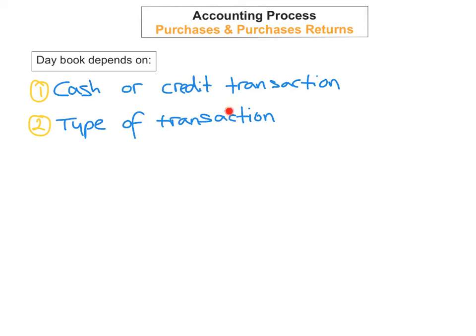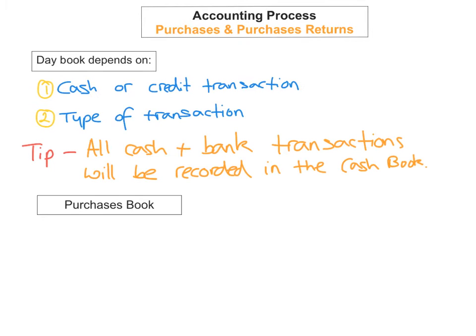The second thing it depends on is the type of transaction that's taken place. Just a tip: all cash and bank transactions will be recorded in the cash book. The next thing we're going to look at is the purchases book.